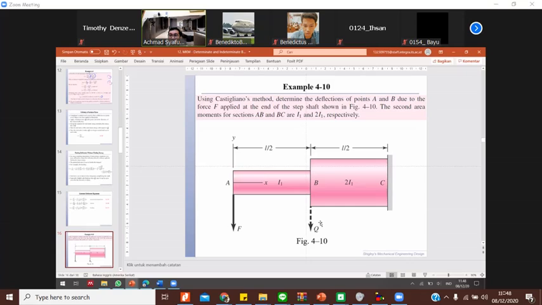The material is similar and uniform but with different cross-sectional area, so it will give different moments of inertia.